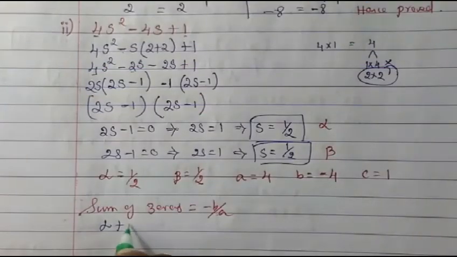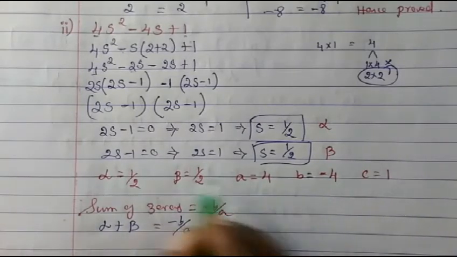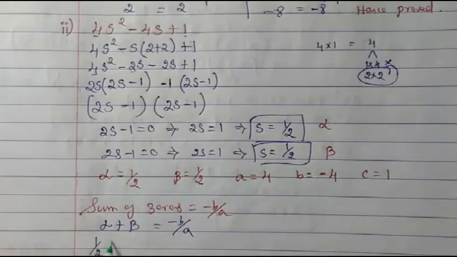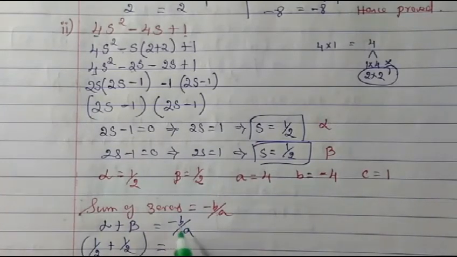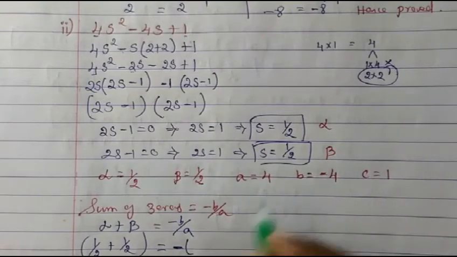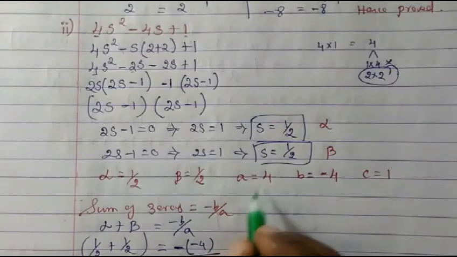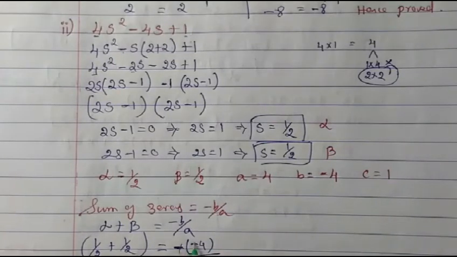So alpha plus beta equal to minus b upon a. That is 1 upon 2 plus 1 upon 2 equal to minus b upon a. Minus b is what? b is minus 4, a is 4. So minus minus will get cancelled.